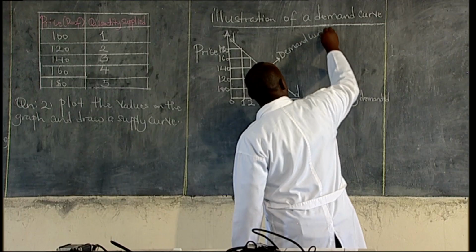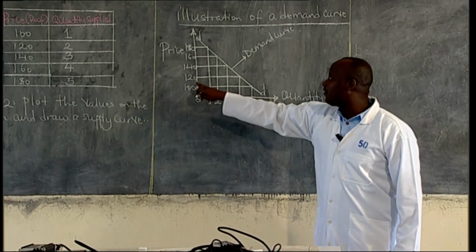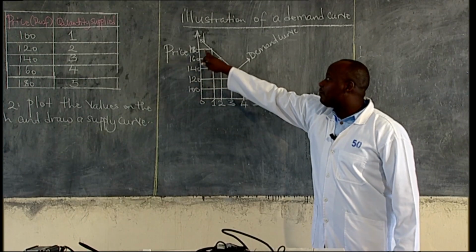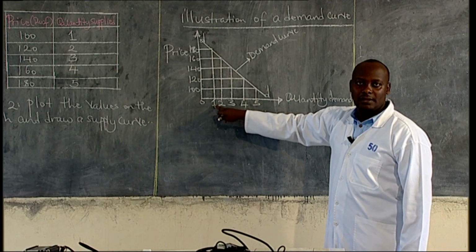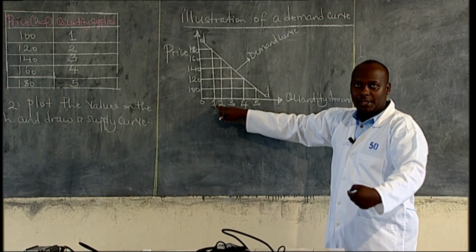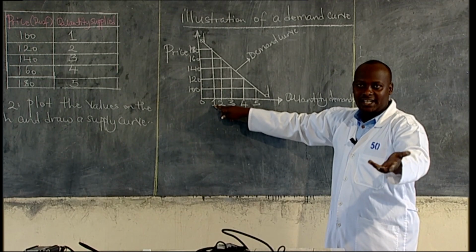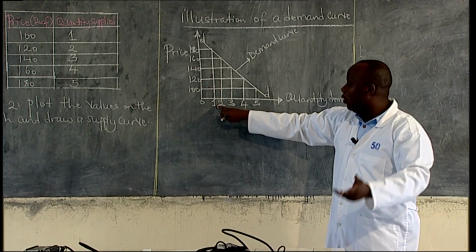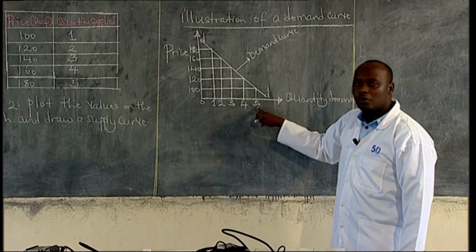A graph showing different quantities demanded at different prices. At a higher price, the quantity demanded is less. The higher the price, the lower the quantity demanded. You remember the law, the theory of demand, which states that the higher the price, the lower the quantity demanded, and the lower the price, the higher the quantity demanded.